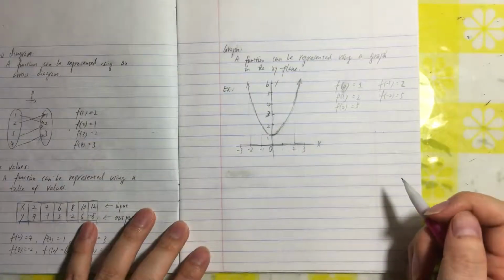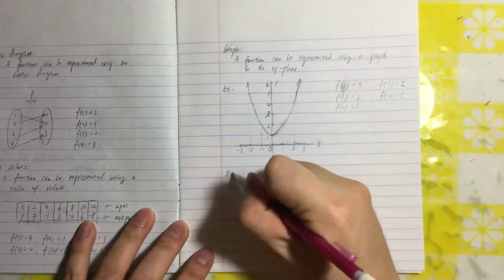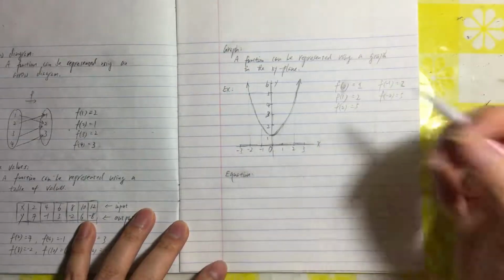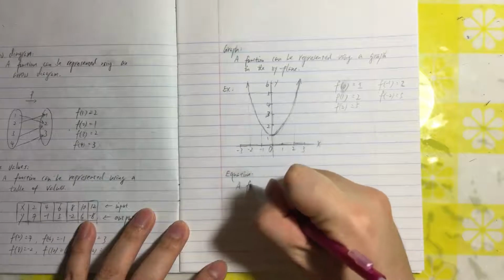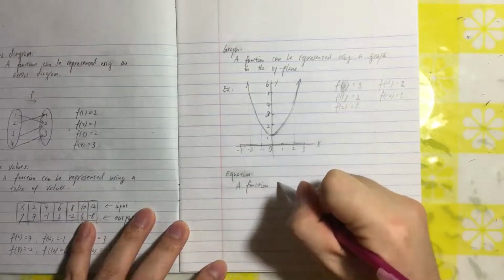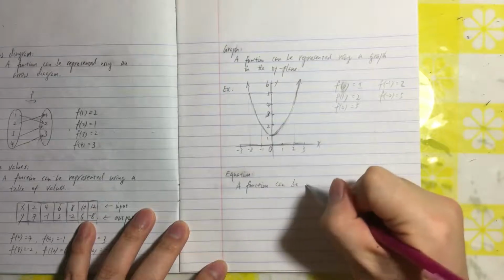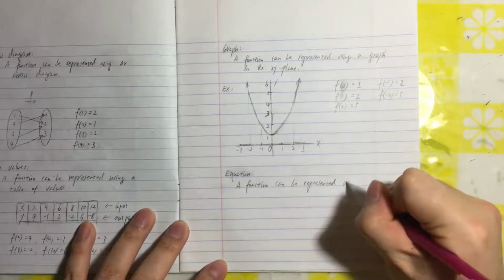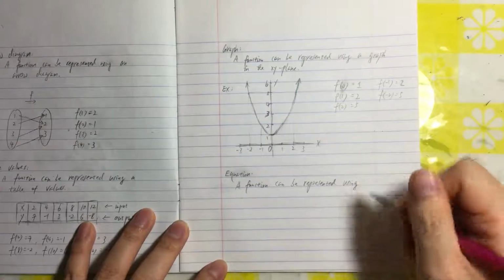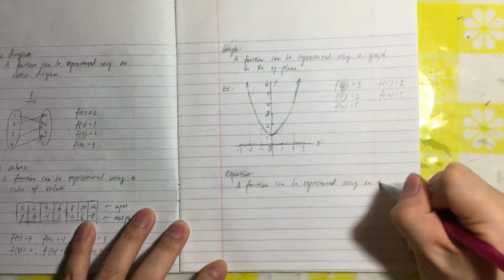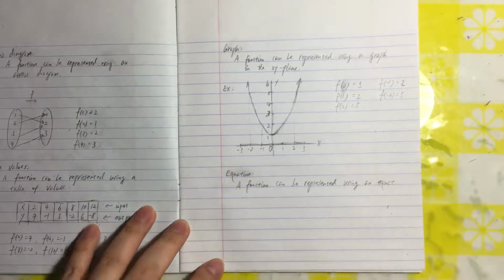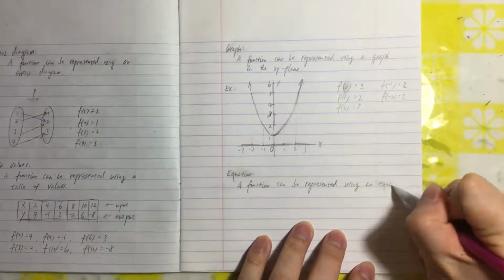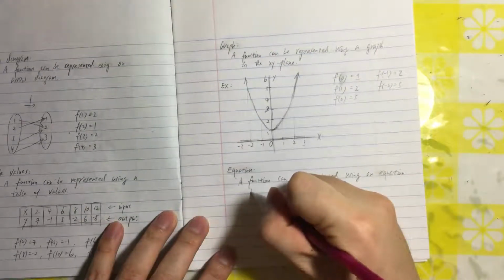Next, let me introduce functions represented by equations. A function can sometimes be represented by an equation with only x and y, with variables x and y.